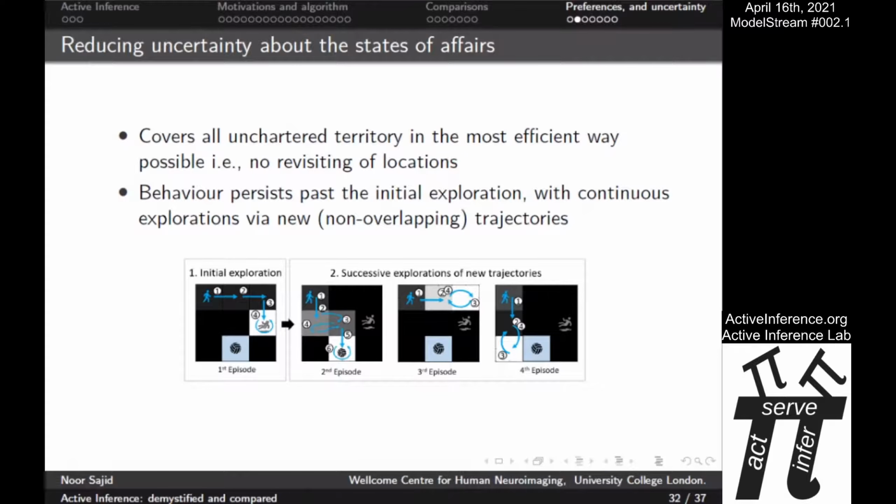So the first set of simulations that we ran were to understand how the agent would reduce its uncertainty about the environment that it's interacting with. So if it doesn't know the frozen lake, how would it interact with or explore that lake? And what we see is that in this particular instance, the agent was just interested in exploring. It didn't particularly care about where the goal or the hole location was.